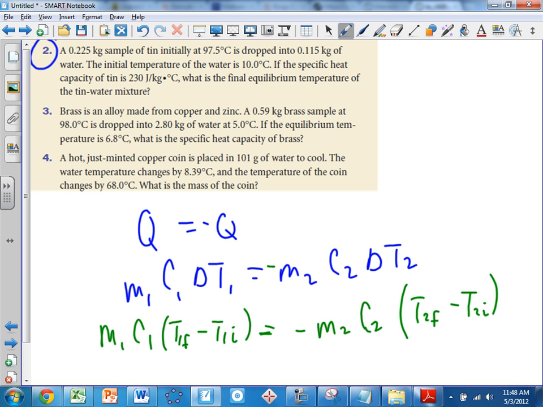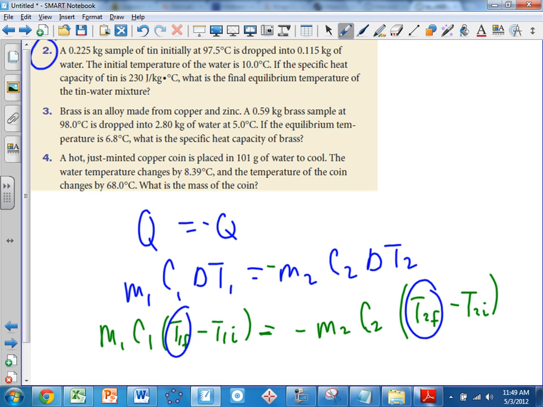Now this is where you need to use your intuition and your conceptual knowledge. In the long run, as time goes to infinity, what happens to them? They balance. They reach a state of equilibrium. So the final temperature of the tin and the water need to be the same.